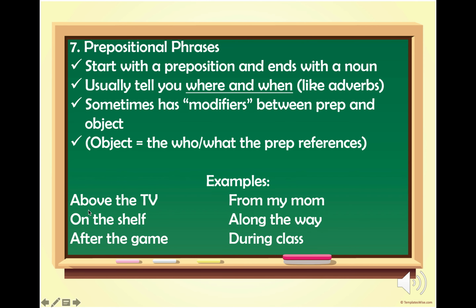In these, the prepositions are above, on, after, from, along, and during, but the objects of the preposition are the nouns or pronouns that follow. If you said above it, the object of the preposition would be a pronoun instead of the noun TV.